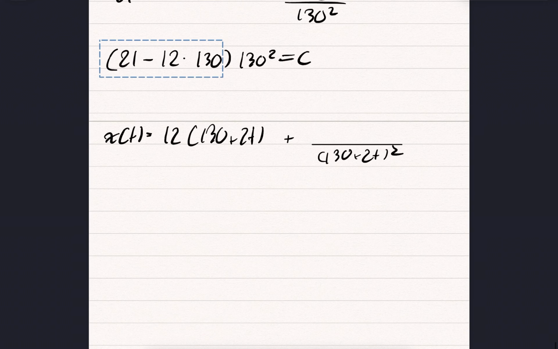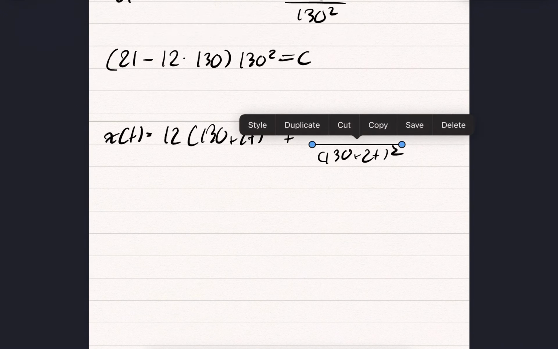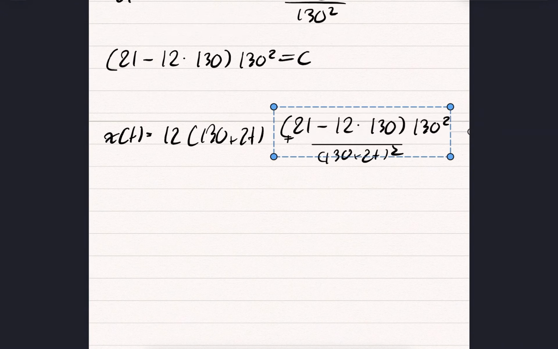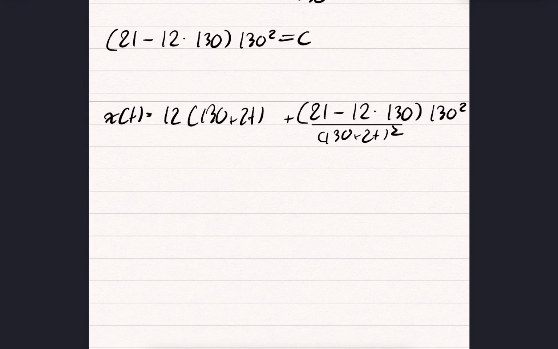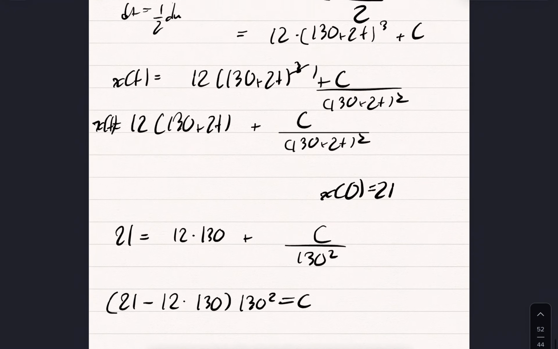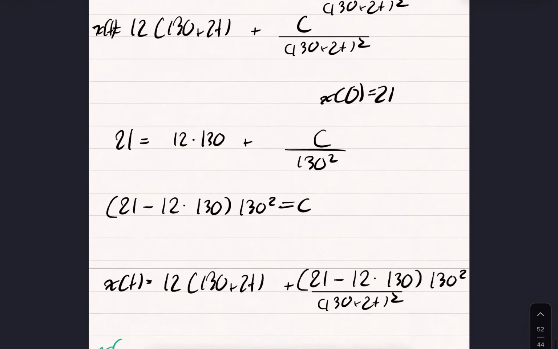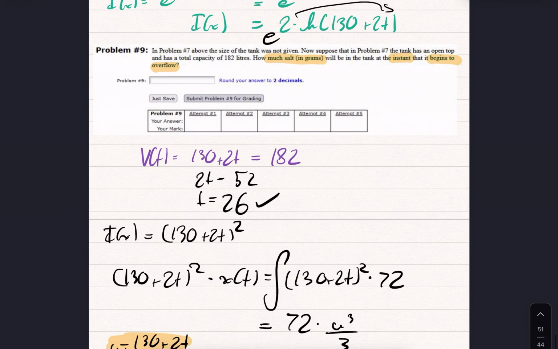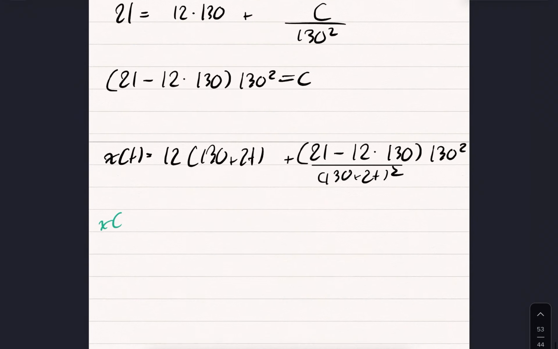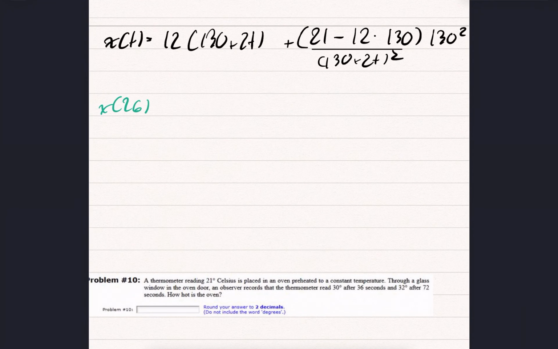So now we just put this where this was, and we calculate x at the value that we got when we saw that this is exactly the instant that it overflows at 26. 26 equals, and you will get, if you work it out, 1,398.00.80.